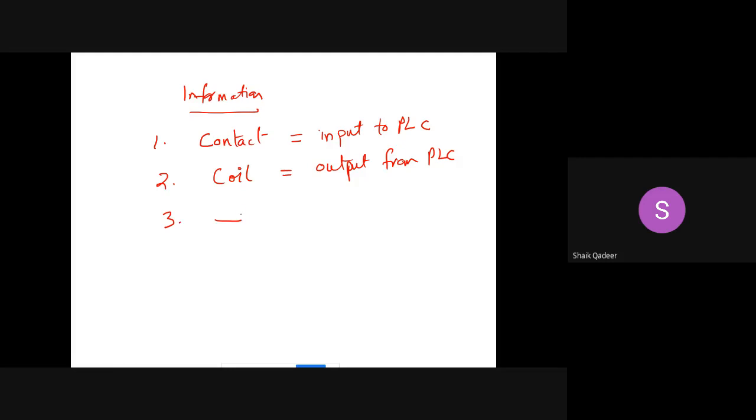Then third information. Contact is represented with symbols something like this. This is called true if close, and this is nothing but true if open.